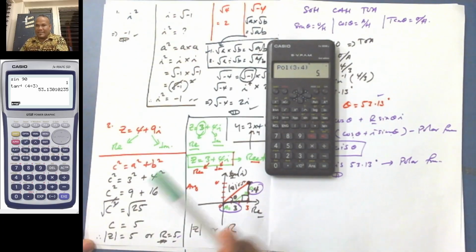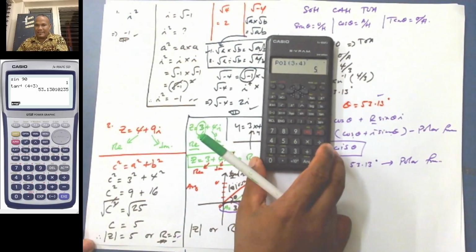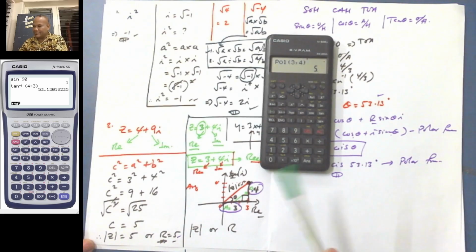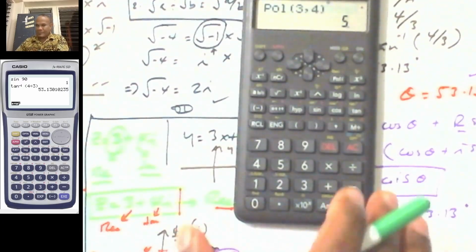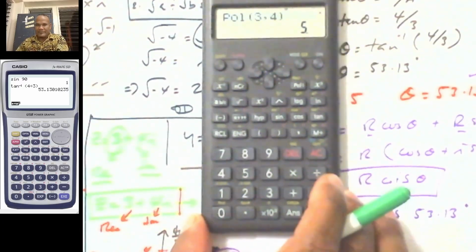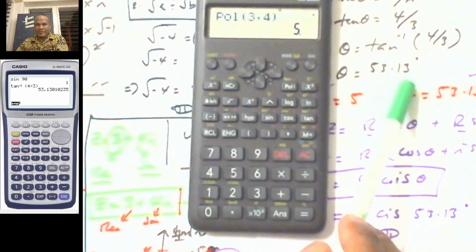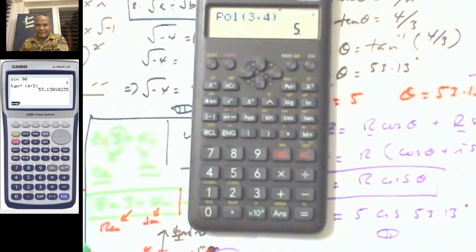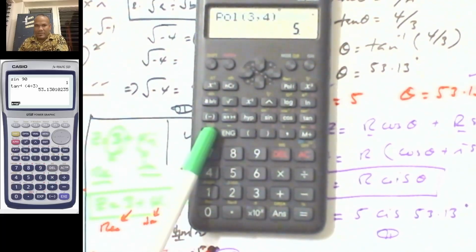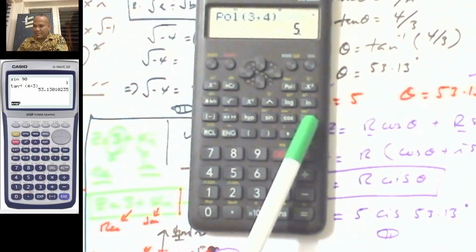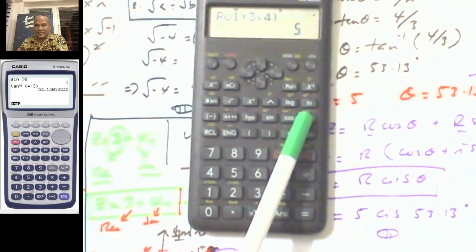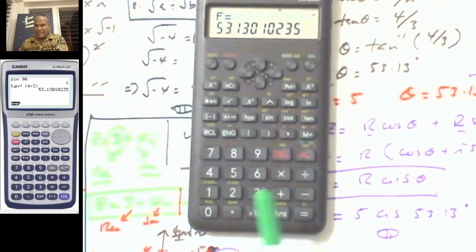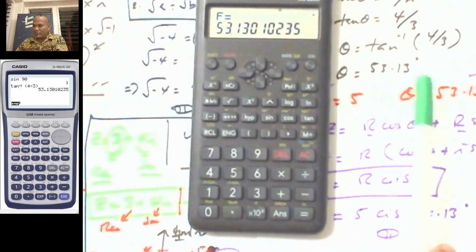And then how can you find the angle? To find this angle, 53.13, you press recall, there's a recall here, recall, tangent button. Recall tangent gives you 53.13.